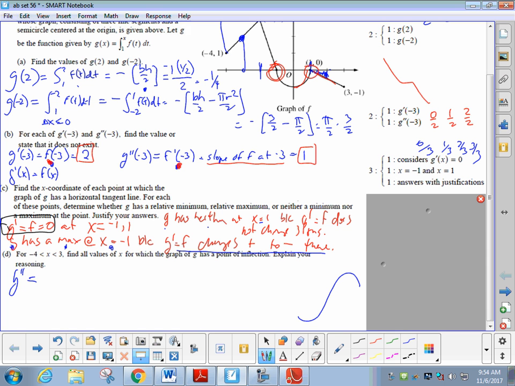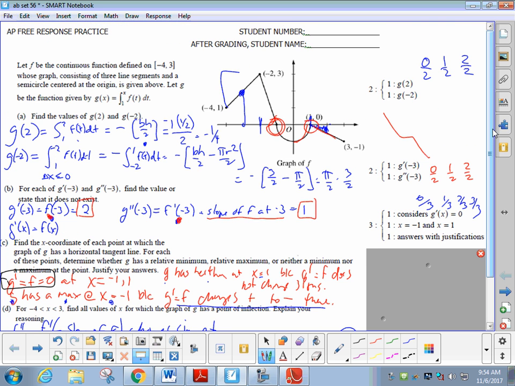G double prime equals F prime, which in my mind also equals the slope of F. It changes sign at where? How many points? How about here? Does the slope change sign there? Yes.